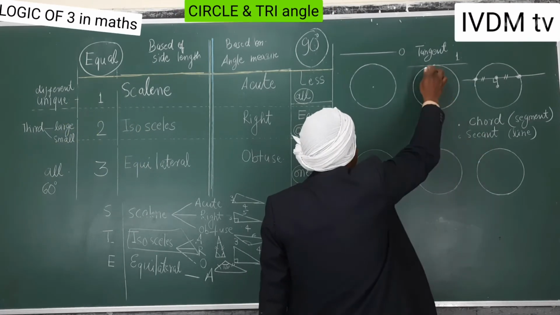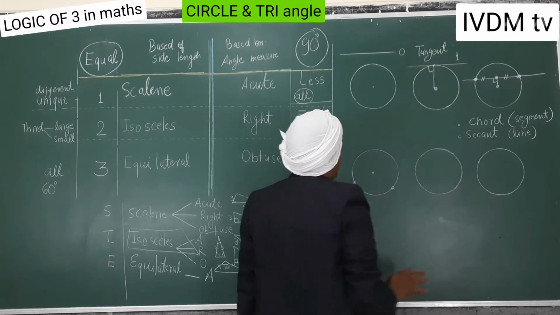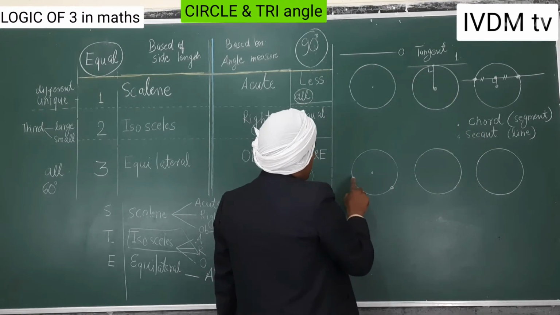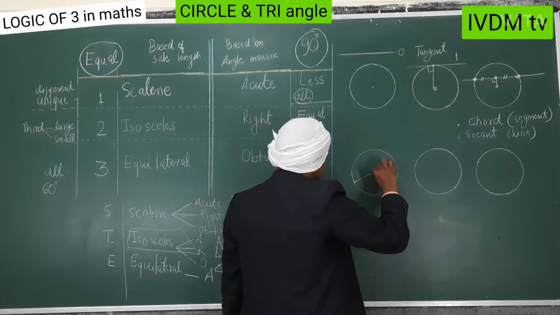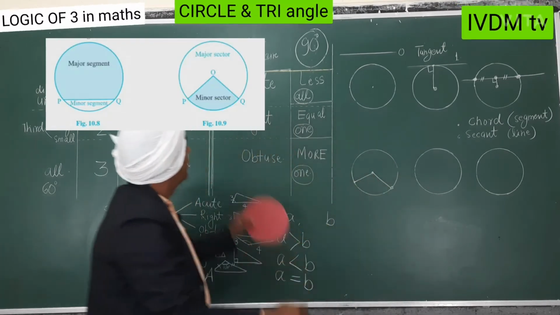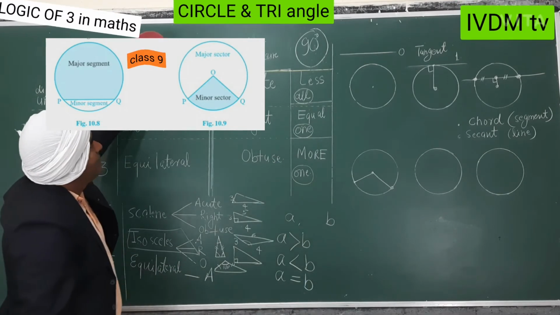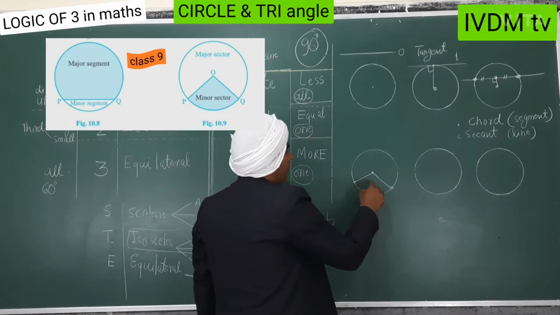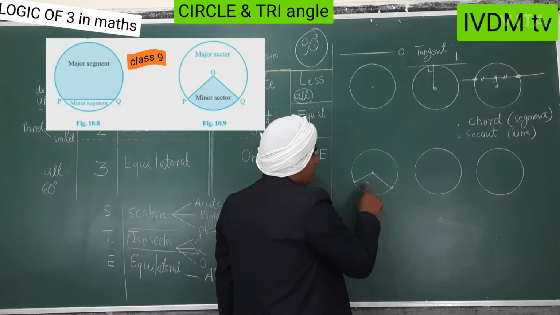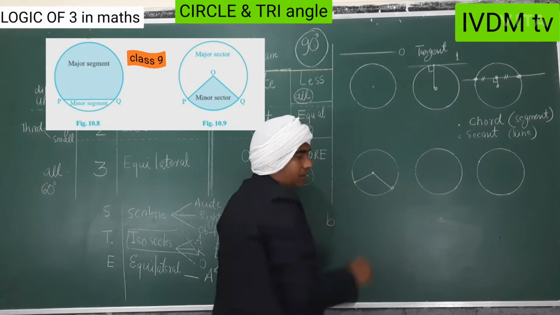In class 10th it is given. So the two things, maybe you may cut like this, based on the side's length and the angle. Here we have this type of sector, so this is small and this is large.